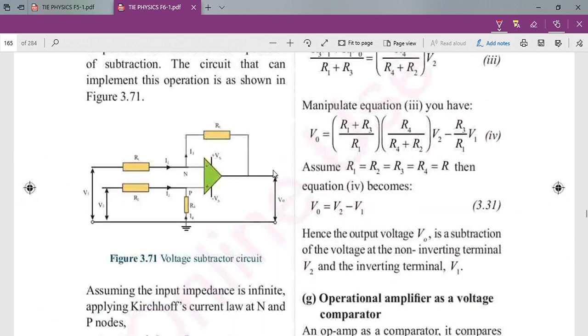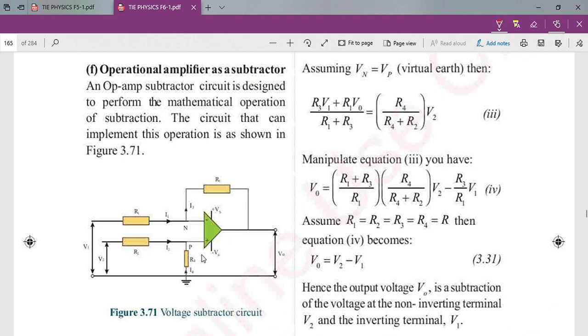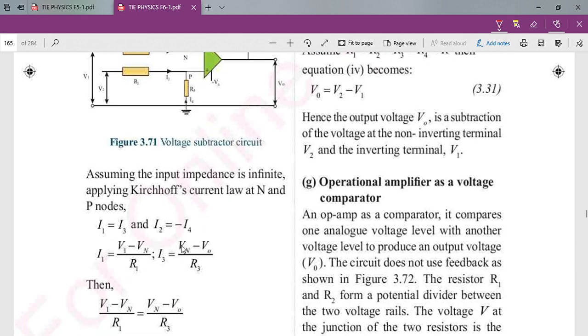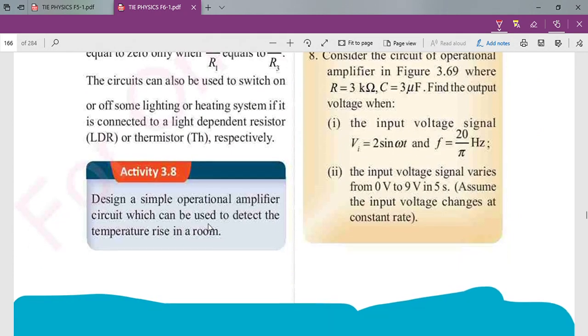The last one is the operational amplifier as subtractor. Note this: for the case of subtractor, it is connected to both the inverting and non-inverting inputs. So you will take I1 is equal to I3, and I2 is equal to I4. You can compare to obtain the several values.